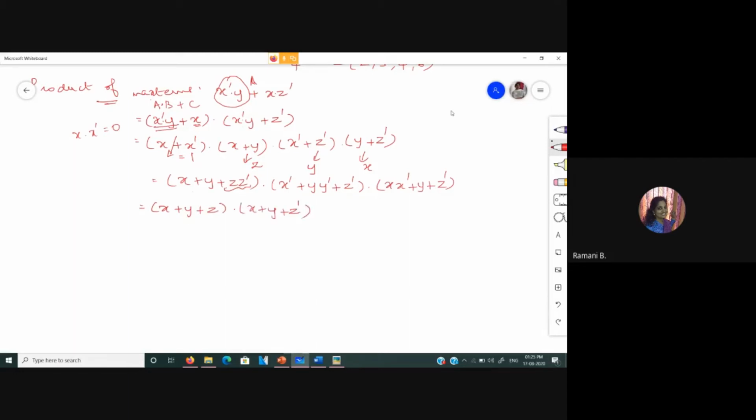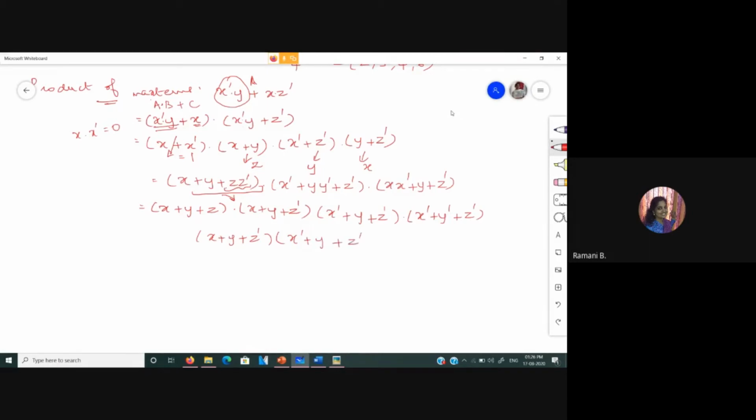So this corresponds to the first term. Next, for this term, you have x bar plus y plus z bar dot x bar plus y bar plus z bar.